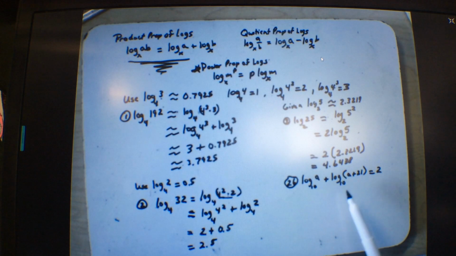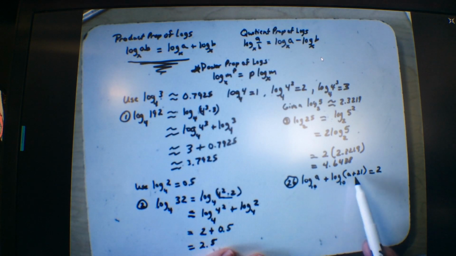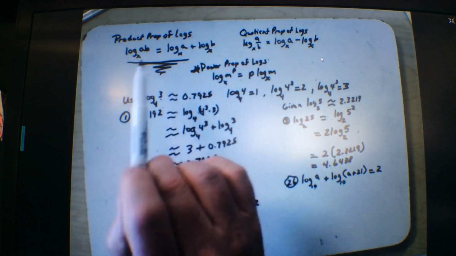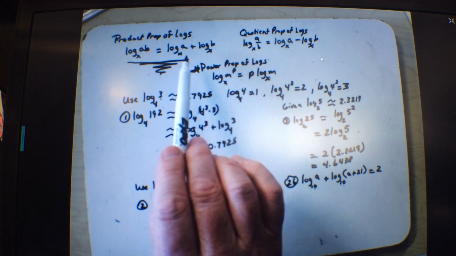Harper, the first thing I need to notice is that both of them have a base 10. If they don't have both the same base, you're in trouble. Can't do anything. Can't apply either one of these properties. The next thing I'm going to notice is that we're adding them, right? Well, in these 3 problems, I went from here to here, correct?